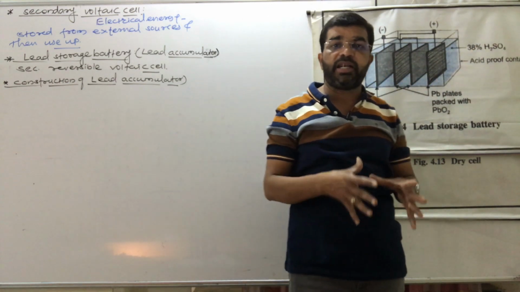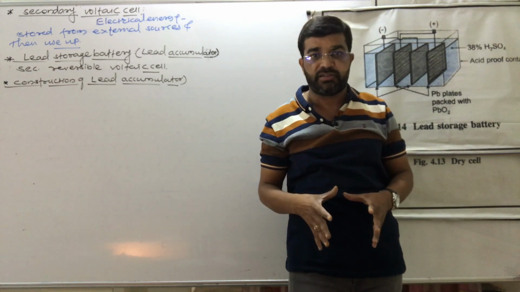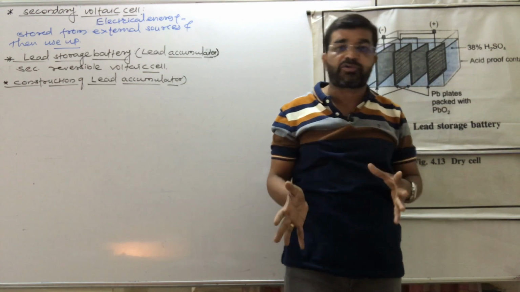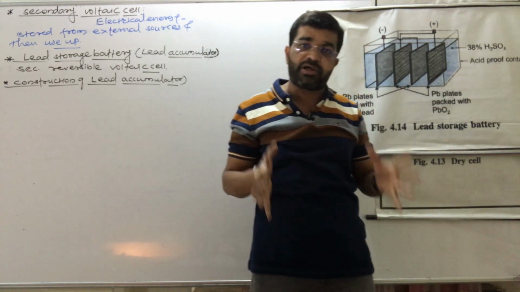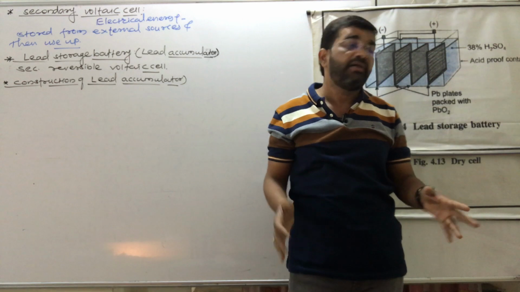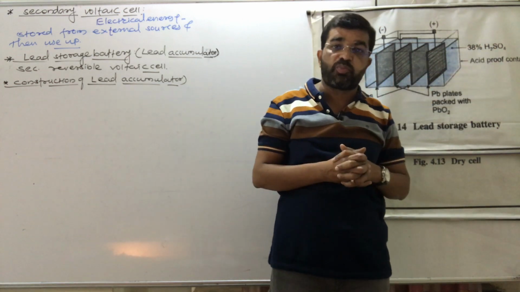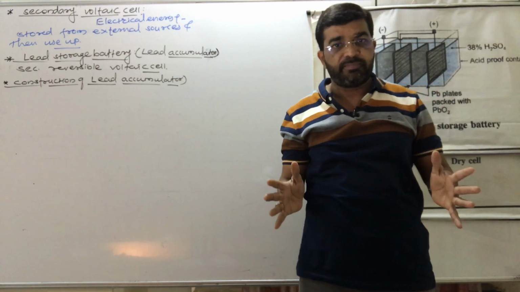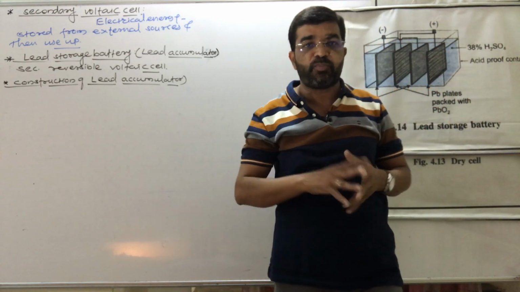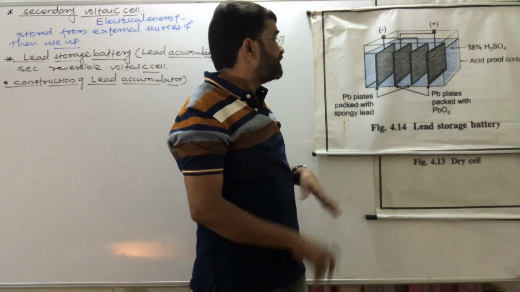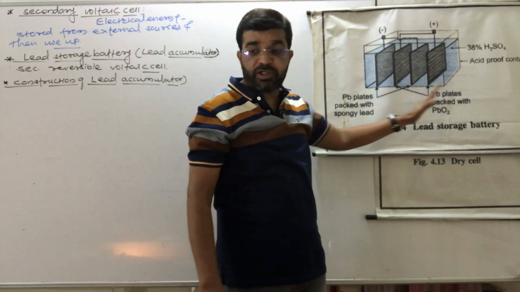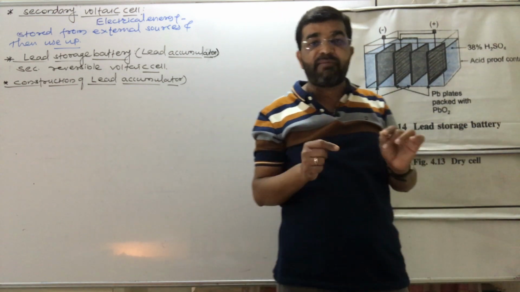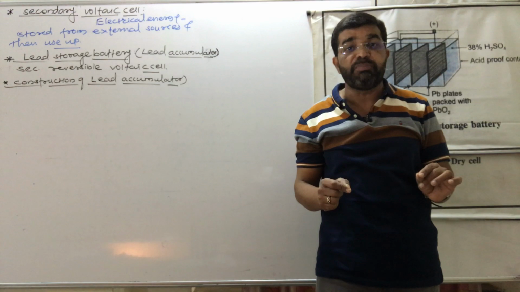That 38% sulfuric acid is used as the electrolyte, whose specific gravity is 1.21. Then see here which are the anode and which are the cathode. Anodes are made up of lead plates, Pb plates.